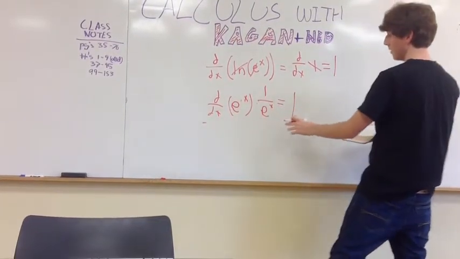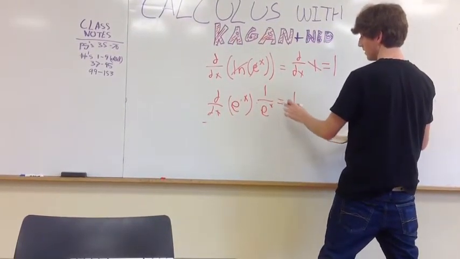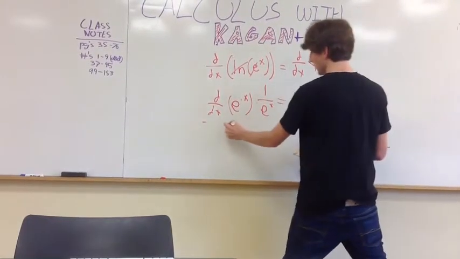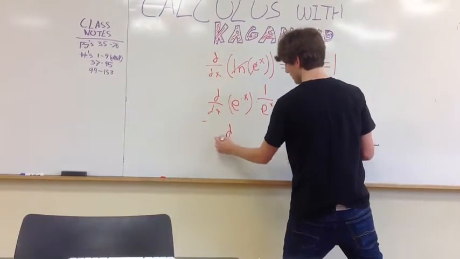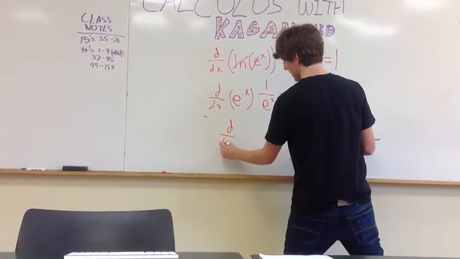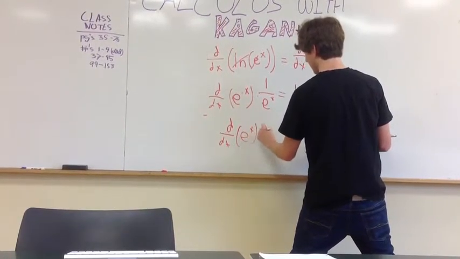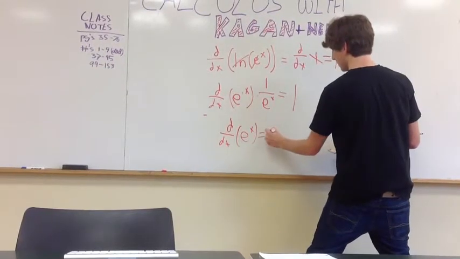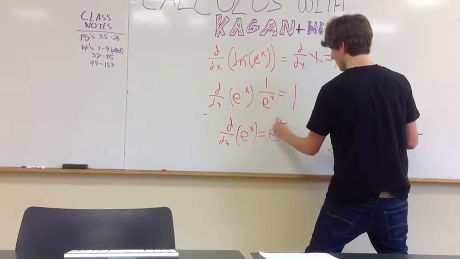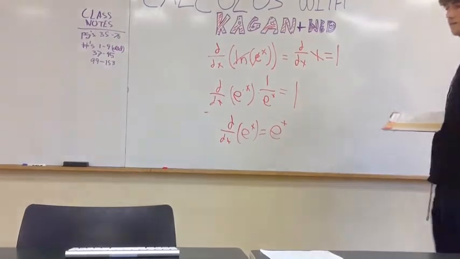So, by then multiplying both sides of the equation by e to the x, we can then prove that the derivative of e to the x is in fact equal to e to the x.